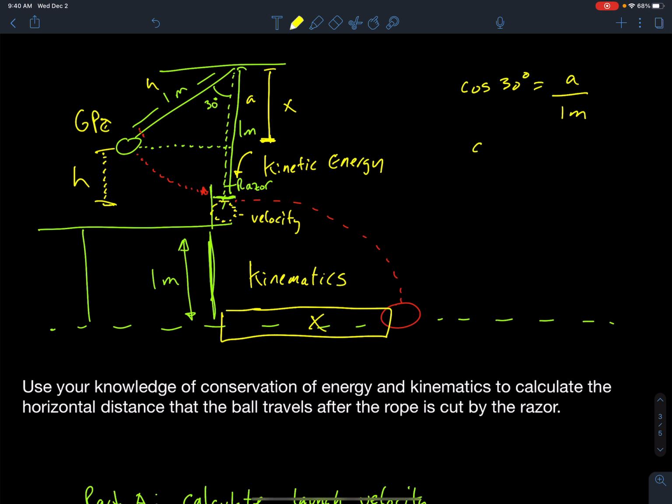So cosine of 30 degrees times 1 meter is going to be that adjacent side, that x is what we called it. That's equal to cosine 30 degrees, like 0.866. Then I can solve for that height by taking 1 meter minus x, so h is equal to 1 meter minus cosine of 30 degrees.